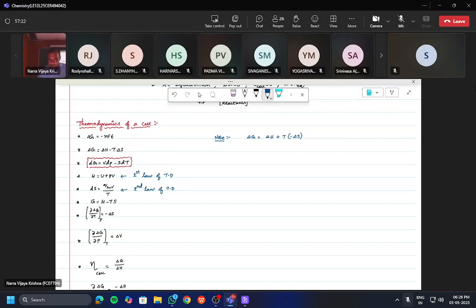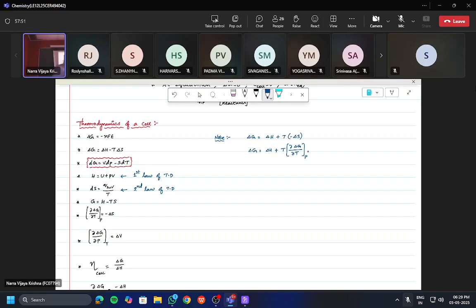So delta G equal to delta H plus T into, instead of minus delta S, dou delta G upon dou T at constant P. Can I write it?